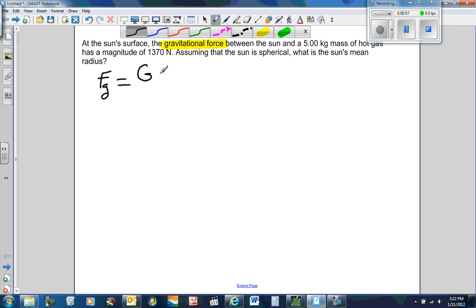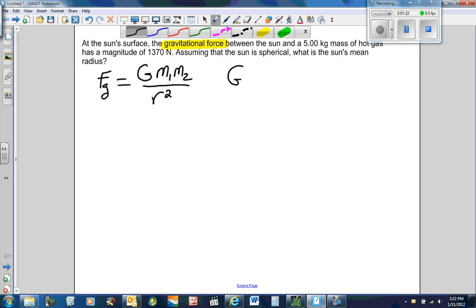called Newton's universal law of gravitation, which is F equals big G m1 times m2 over r squared, where r is the distance between the two masses. m1 is the mass in kilograms of the first object, m2 is the mass of the second object in kilograms, and G is a constant.